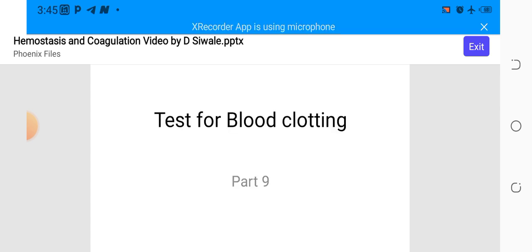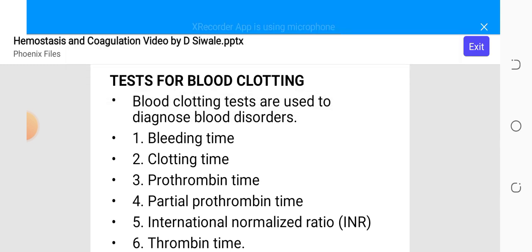Now, we need to know also what we call the tests of blood clotting. Blood clotting tests are used to diagnose blood disorders, like purpura, hemophilia, and von Willebrand disease.